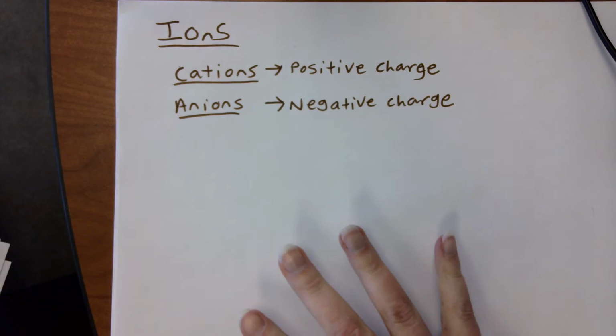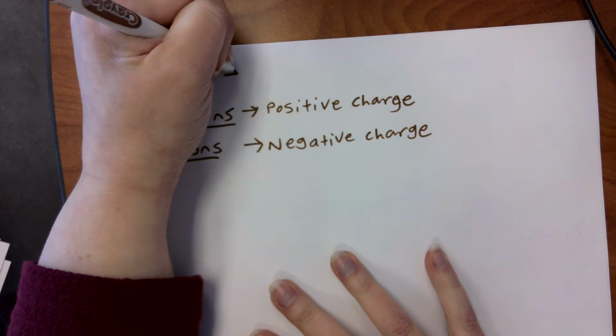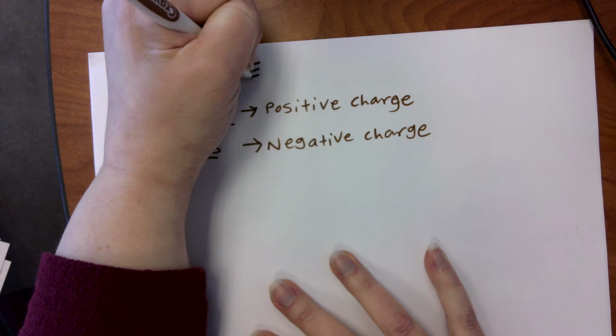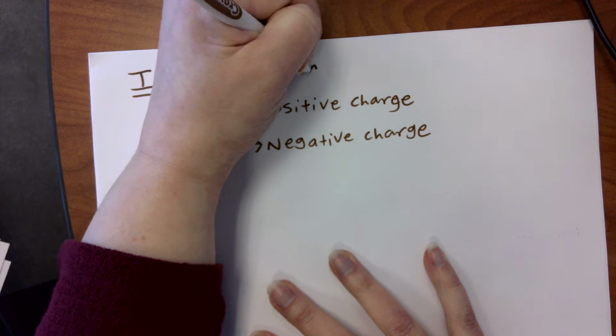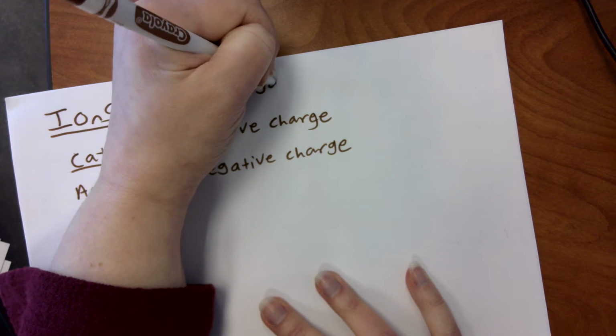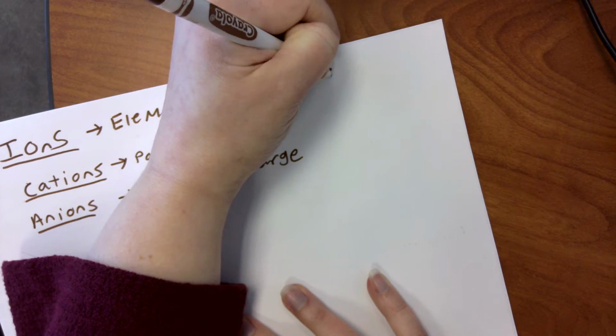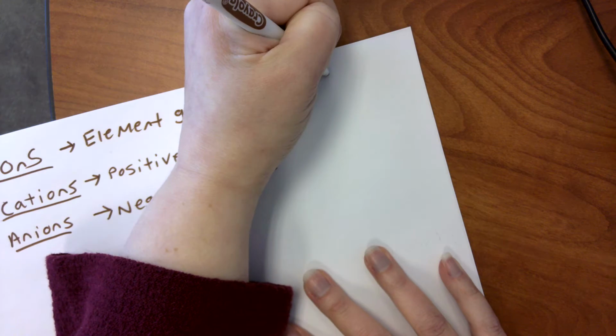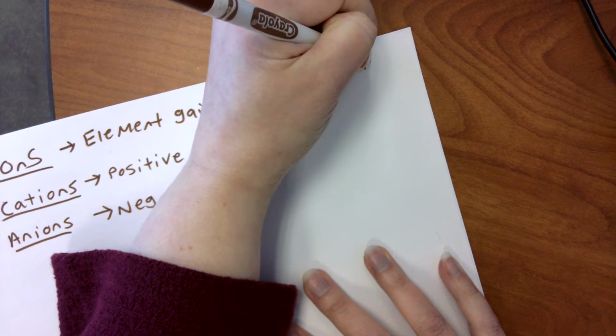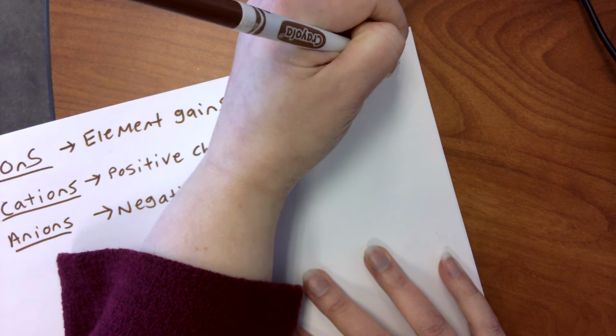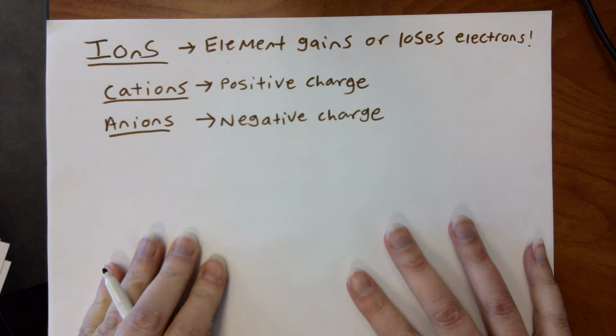Okay? So an ion is when an element gains or loses electrons. Okay? That's all they are.